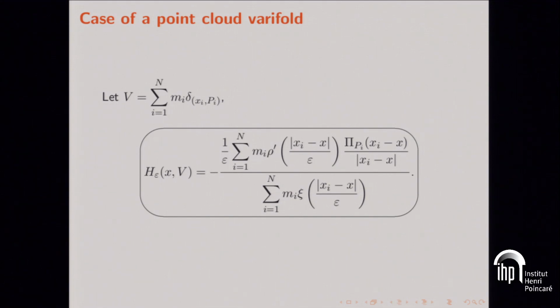If now I rewrite my expression for a point cloud, that's the expression I get. So I'm going to show you numerical illustrations of this approach on point clouds. You could try another structure. On point clouds it really makes sense because you don't have much structure, you have basically points. So when you put a varifold structure on them, you won't lose anything.